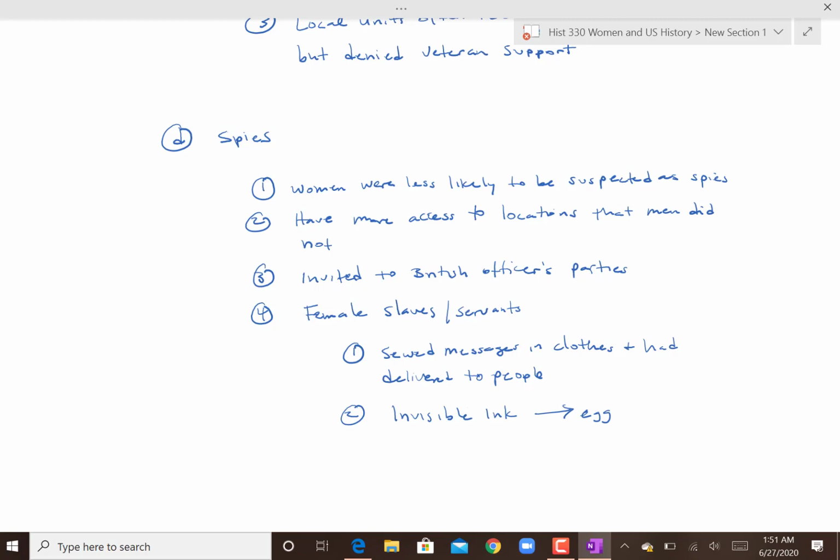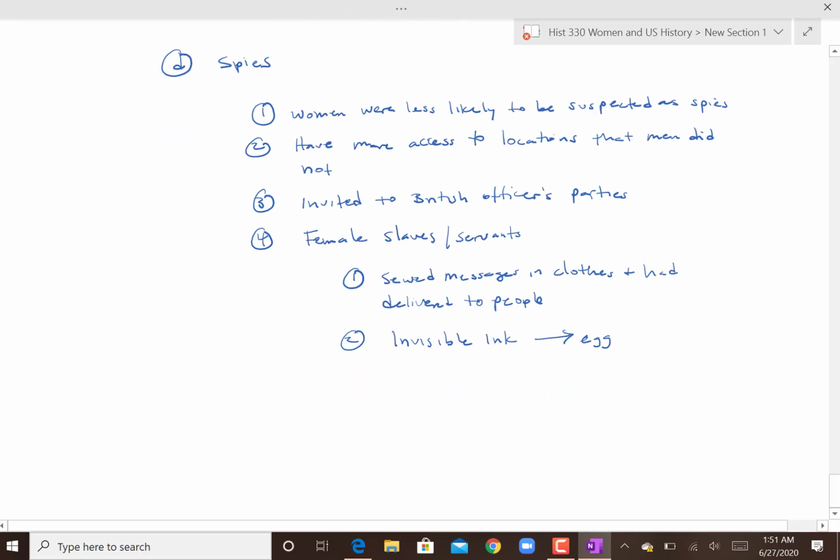They had all these secret signals for when to meet, how you hung up your laundry would indicate if you were ready to meet.